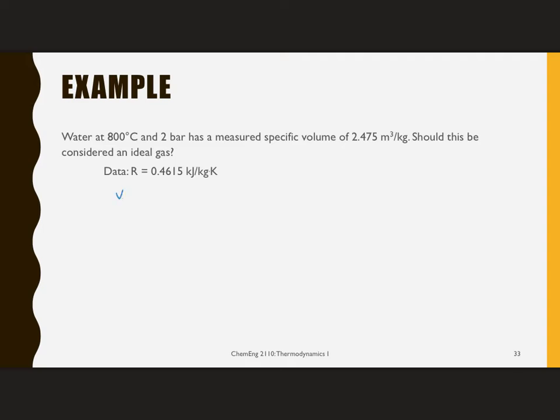If we evaluate the volume using the ideal gas law, RT over P. They have given us an R value for mass units for this material, water, 0.4615 kilojoules per kilogram Kelvin.